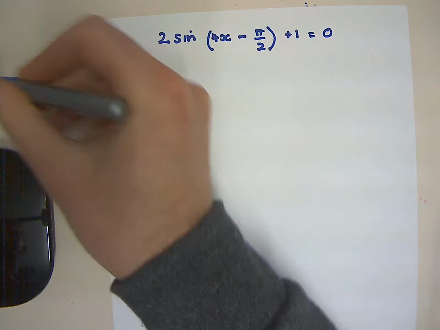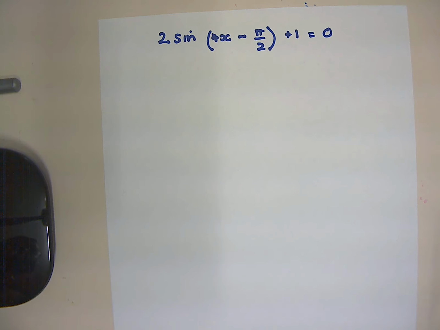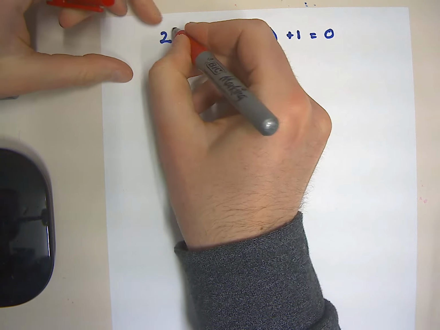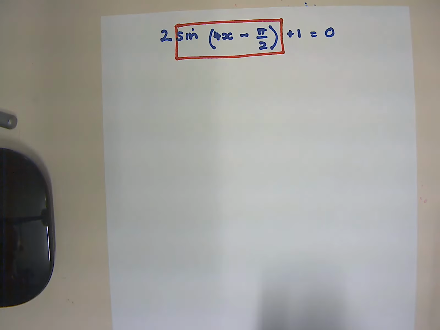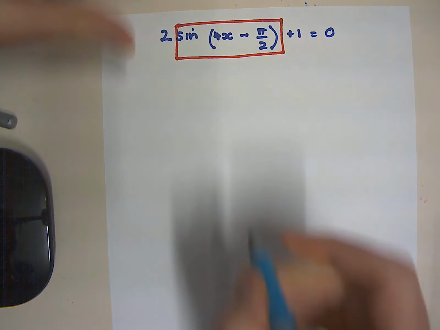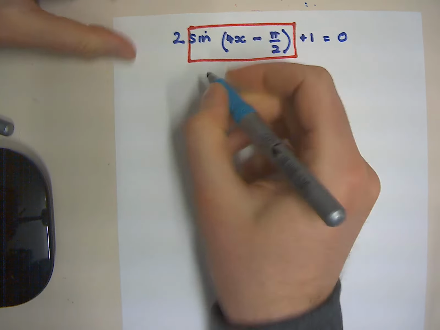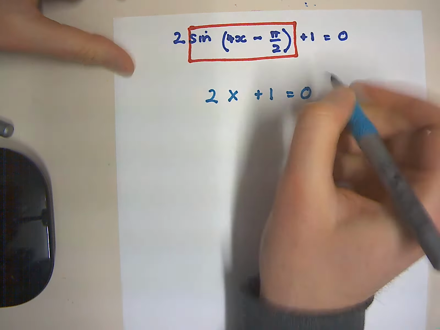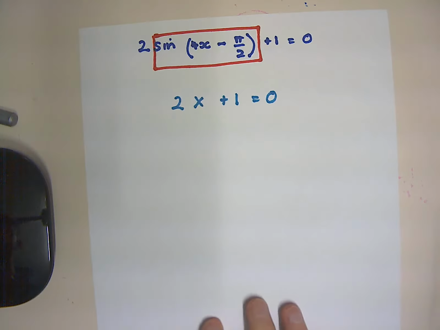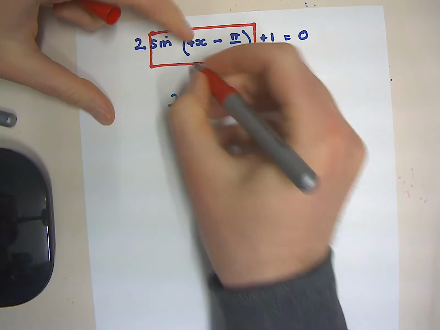Now we start by boxing all of this together. This doesn't get split up. So initially, it's like, and it's not the same as, but it's like solving the equation 2x plus 1 equals 0.